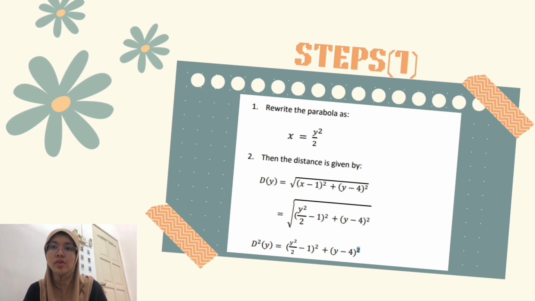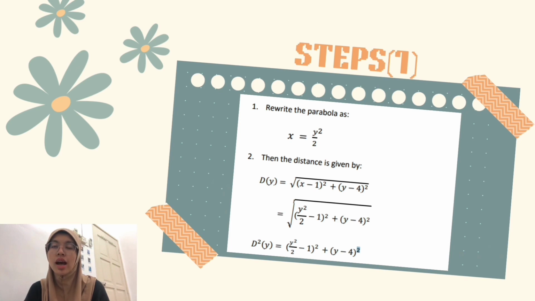So it will become x = y²/2. And then you need to find the distance between the coordinate (1, 4) and (x, y). So the equation will be d = √((x − 1)² + (y − 4)²). And then you need to substitute x = y²/2 into the d equation, and then it will become √((y²/2 − 1)² + (y − 4)²).